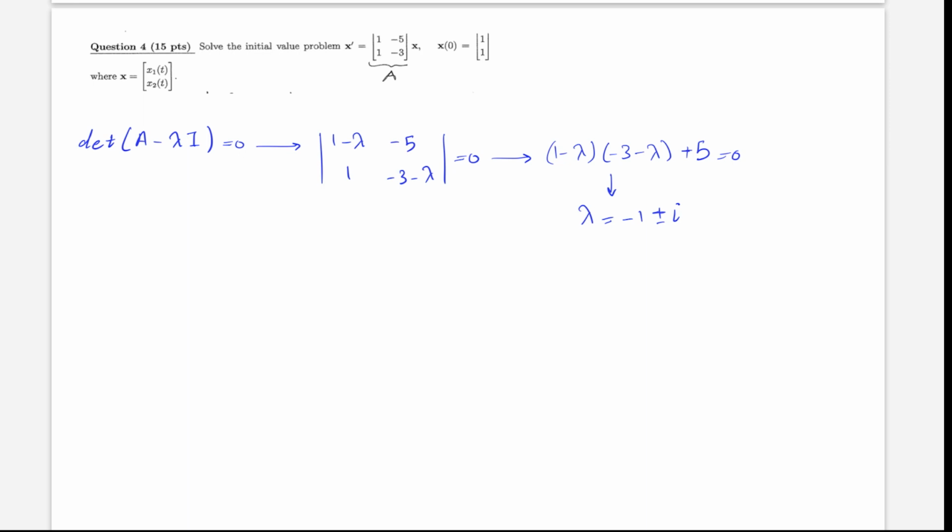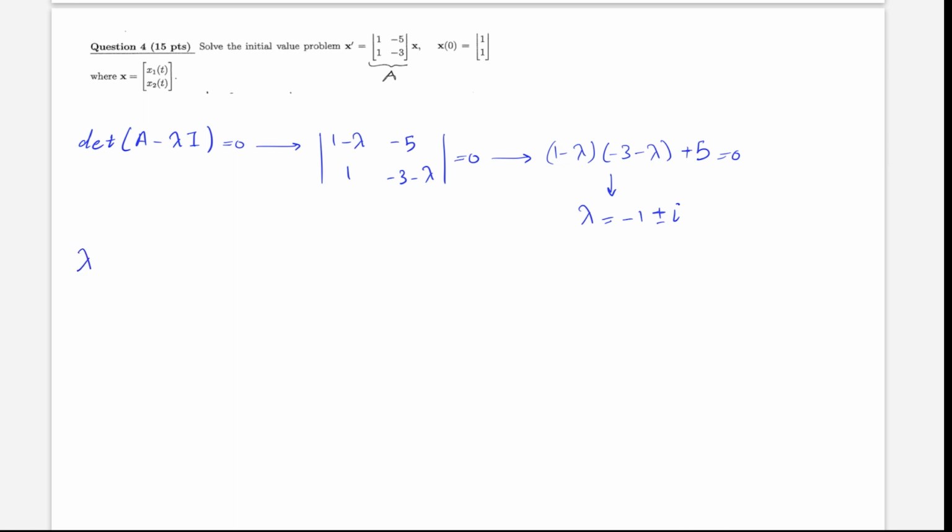In this situation, each of these complex numbers also has a conjugate. We have two lambdas which are complex conjugates of each other. When solving these problems, just one of those conjugates is enough, and it will yield two solutions, so solving just one is enough for us.